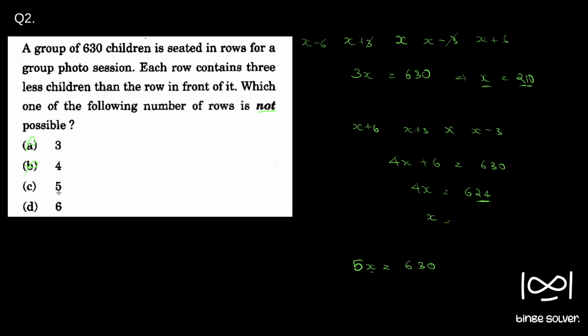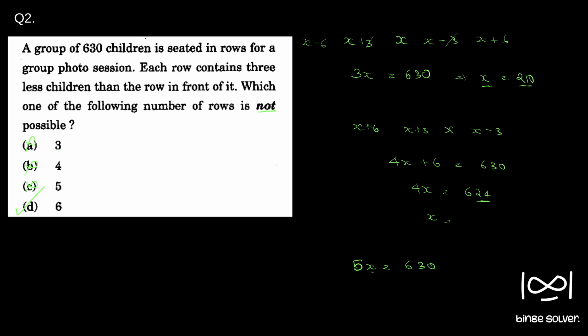So 5 is also possible, we can find some x so that we can arrange 5 rows with each row 3 less than the row in front of it. So 5 is not the answer. So right away we can say D is the right answer without checking in the exam hall. So you will not waste time.